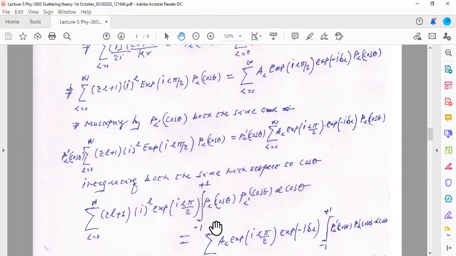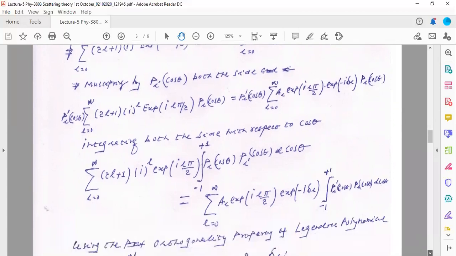The minimum value is -1, the maximum value is +1. So you have to integrate between -1 and +1. On the other side, the constant term is A_l exponential of i l pi by 2 exponential of minus i delta, which does not depend upon theta. So you take this outside, and the integrand is P_l' cos theta, P_l cos theta, d cos theta.